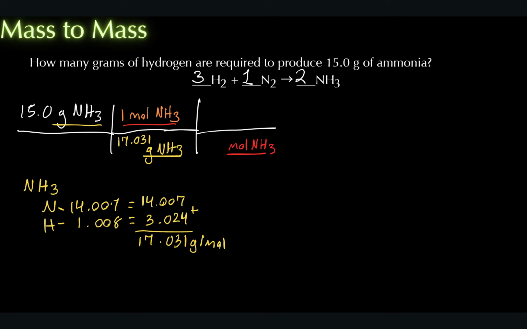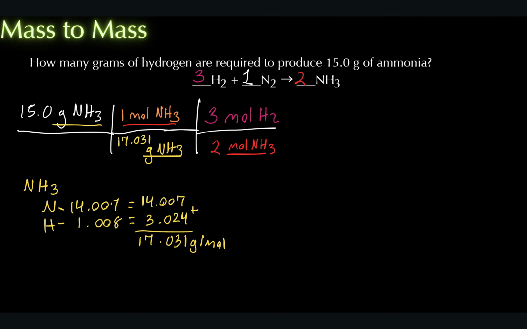Looking at the balanced chemical equation, we should notice we have 2 moles of our NH3, which will be equal to 3 moles of our H2, again with that 3 coming from the balanced chemical equation.